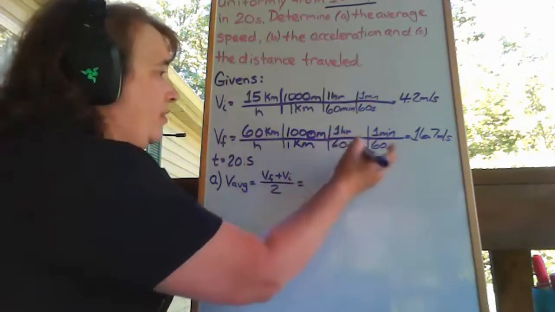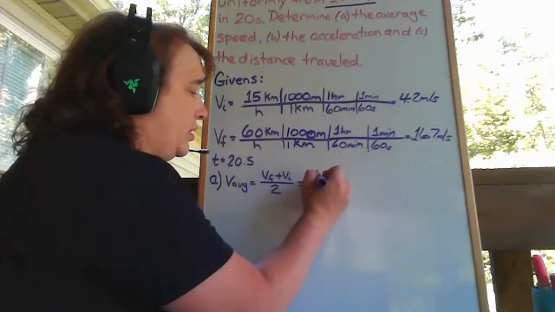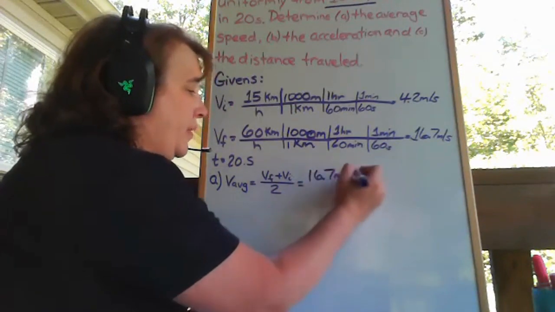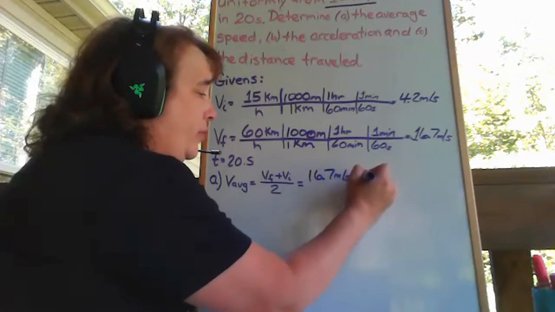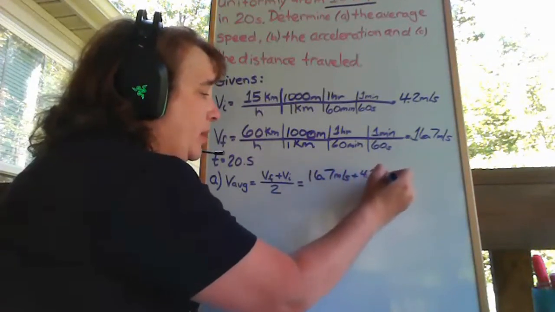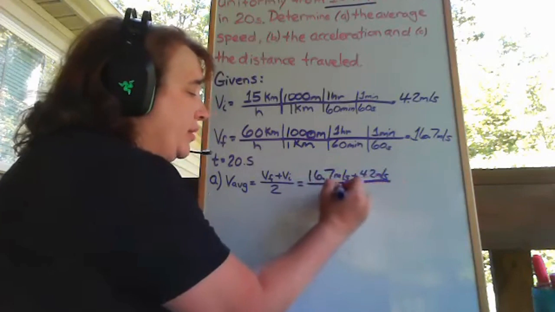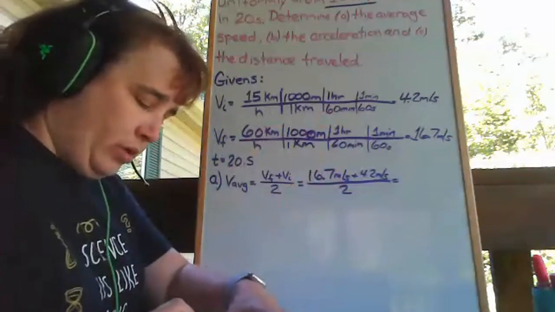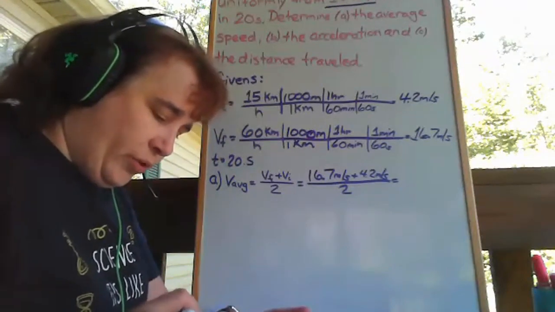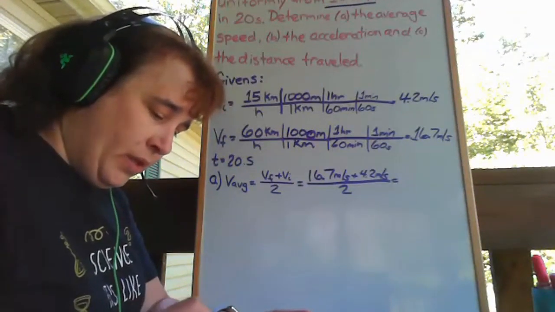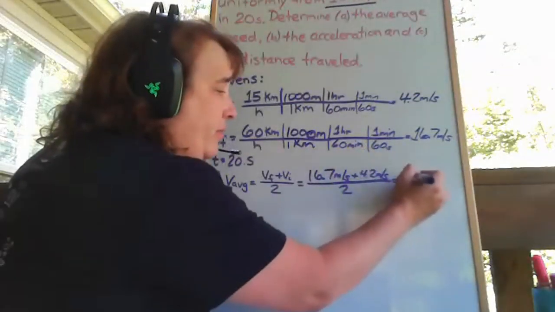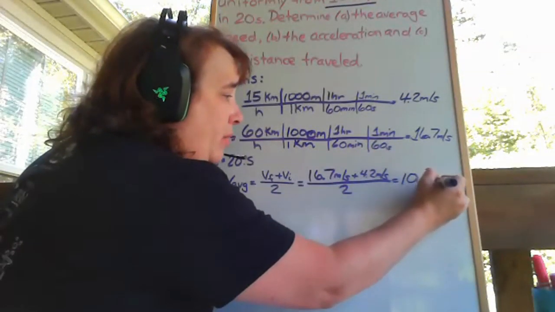So 16.7 meters per second plus 4.2 meters per second divided by 2. All right, calculating that, 16.7 plus 4.2 divided by 2 gives me 10.5 meters per second.